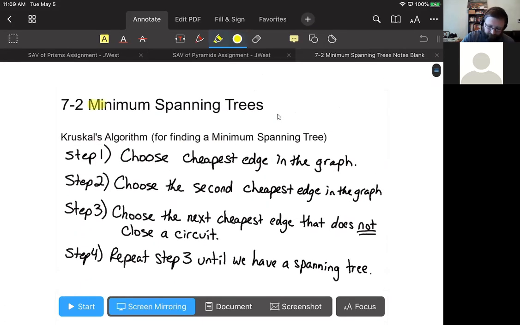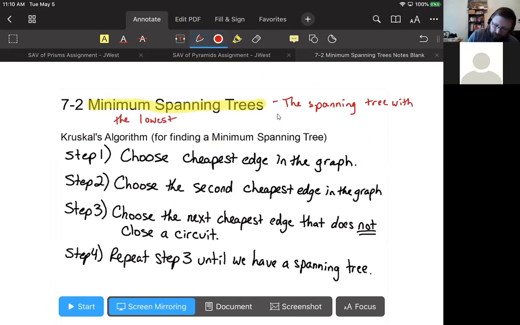So a minimum spanning tree would be the spanning tree with the lowest total weight. And to find the minimum spanning tree, we are going to run an algorithm called Kruskal's algorithm.